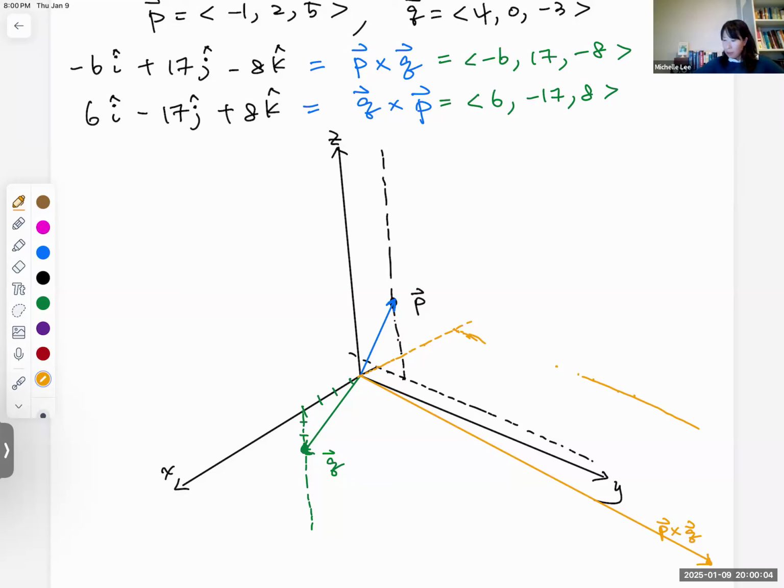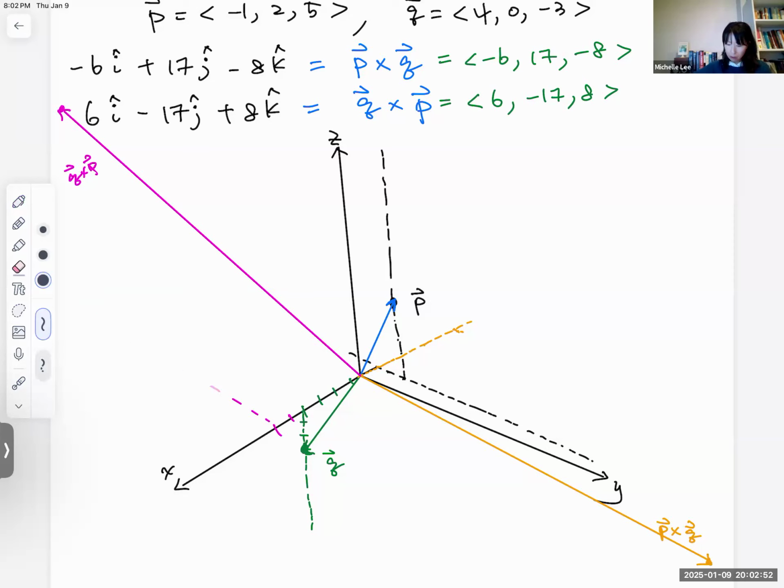Okay. Now let me plot the point Q cross P. And I want to make a pause for the recording. Okay, so I made approximately the cross product of Q and P here. Let me erase it a little bit.